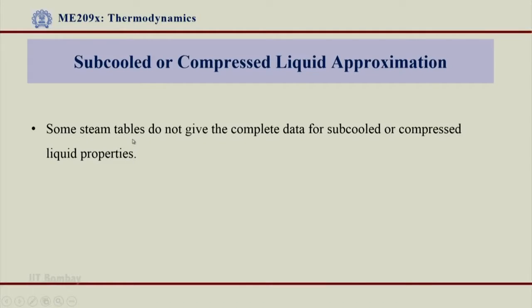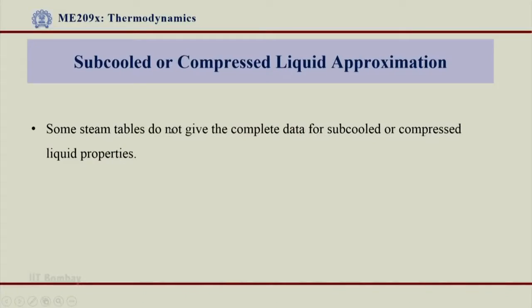There are some steam tables which do not give the complete data for subcooled or compressed liquid regions. They may give you properties at 0.15 MPa, for example, and the next property may appear at 20 MPa, some states away, or 15 MPa. It is expected that you find the value at 0.15 MPa or Psat, and you can take the same values for 1 MPa, 2 MPa, 3 MPa with the approximation that subcooled liquid is incompressible, alright.